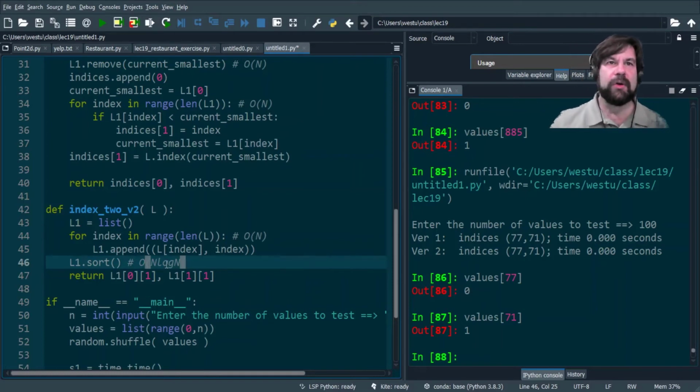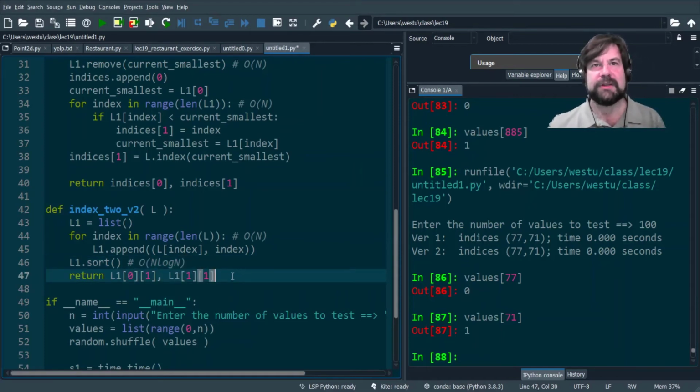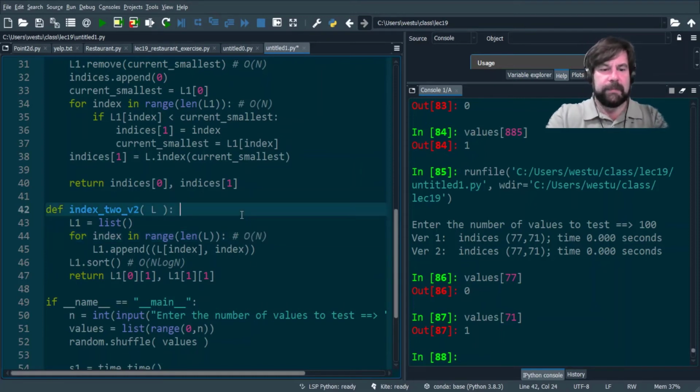It's slower to do this than it is to do this. And then this, again, is a constant time operation. So we have order of n plus order of n log n. This is bigger than this, so we throw this out, and this is an order of n log n algorithm.